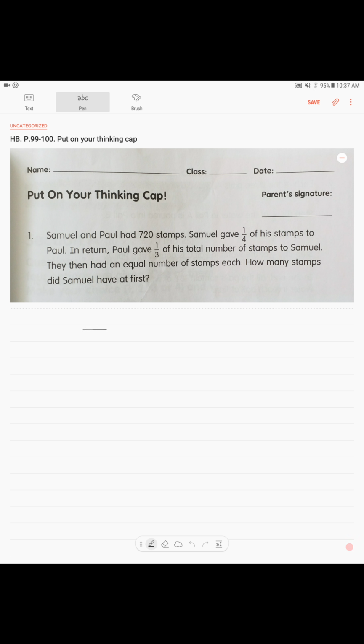So 720 we divide by 2 and it's going to be 360. This is our first step. This is the equal number of stamps in the end. So we write it: each had 360 stamps, finally, in the end.